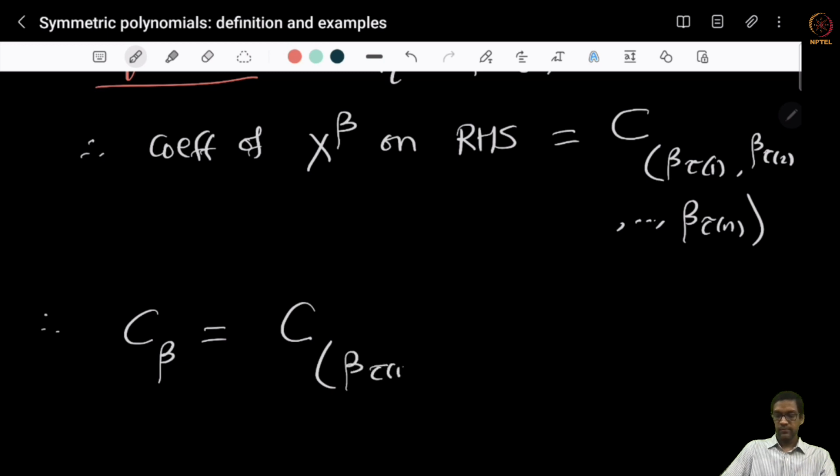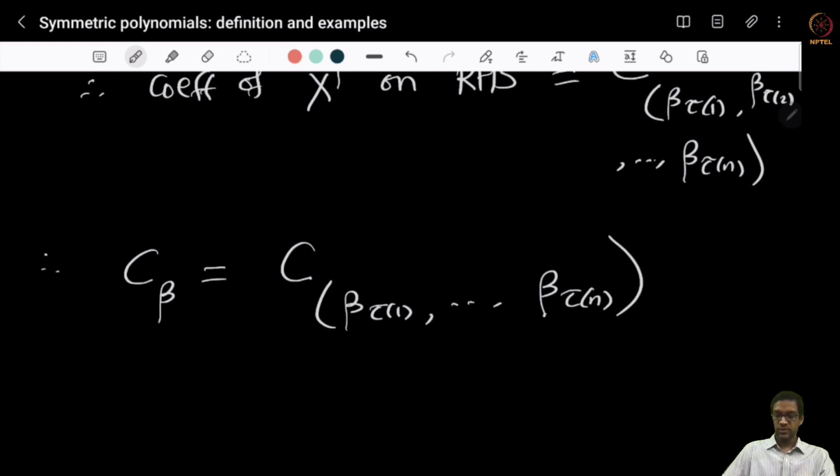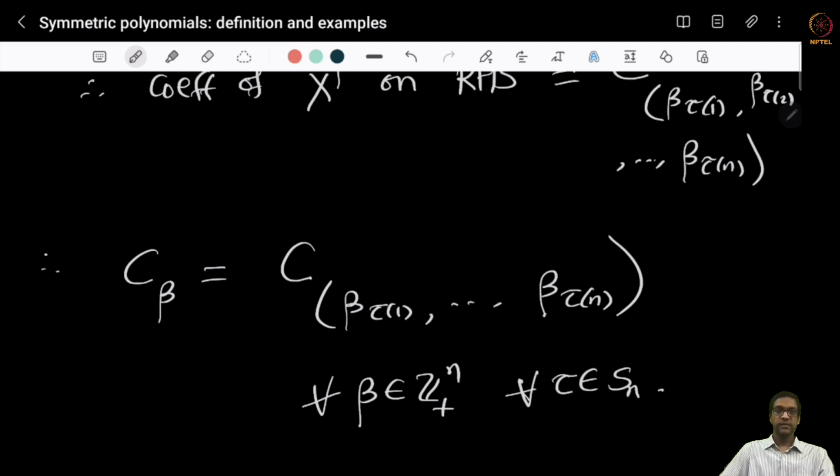And this holds, observe, for all beta and all tau. I can pick any multi-index I want, and I can pick any permutation I want. The same argument works. So that finishes the proof of the forward direction.